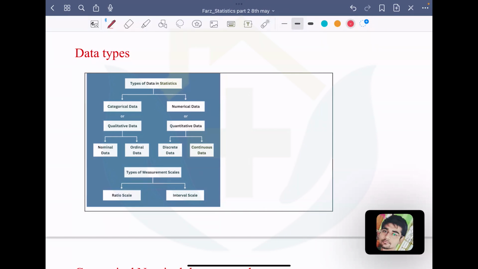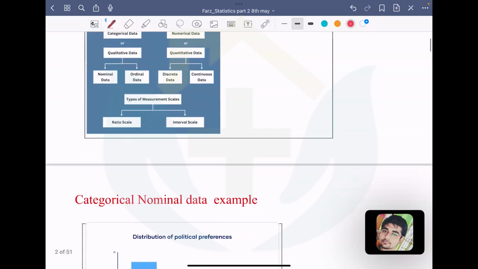Though the height distribution is continuous, starting from maybe 110 centimeters in a class till 200 centimeters, you can make that continuous data into discrete data by dividing them into particular groups, for example 100 to 120, 120 to 150, and 150 to 180 centimeters.